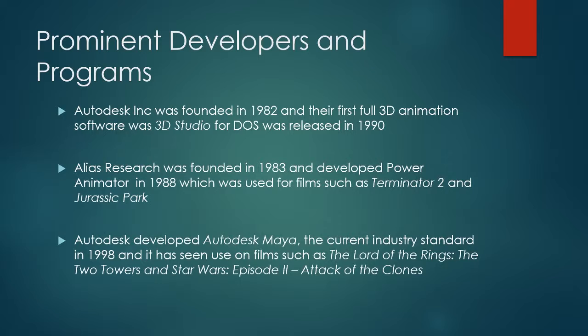Autodesk eventually developed Maya in 1998, which is the current 3D animation industry standard program. It has been used on films like Lord of the Rings: The Two Towers and Star Wars Episode 2: Attack of the Clones. I used Maya to model the dice in the previous slide.